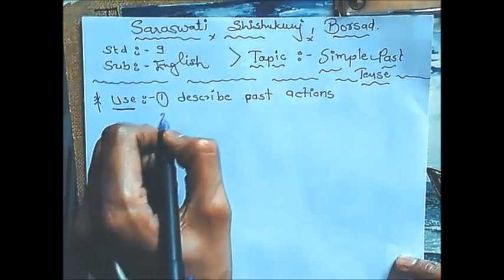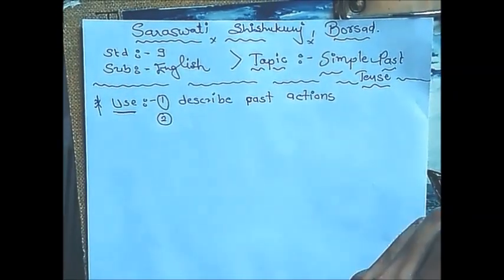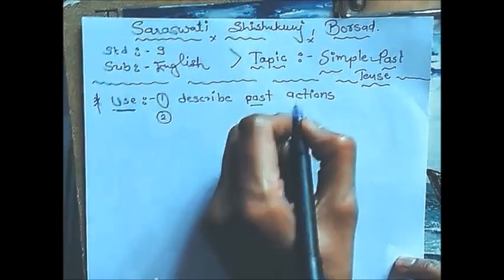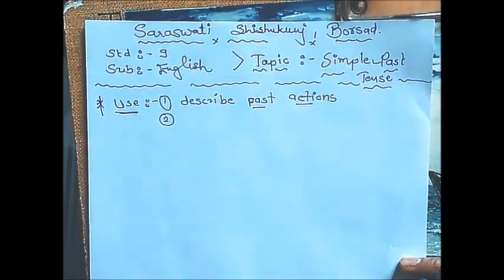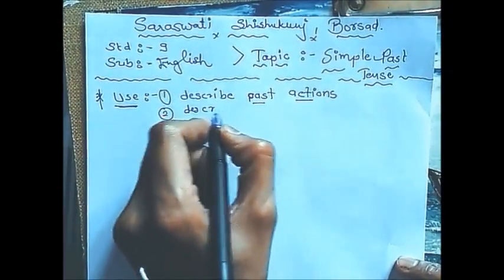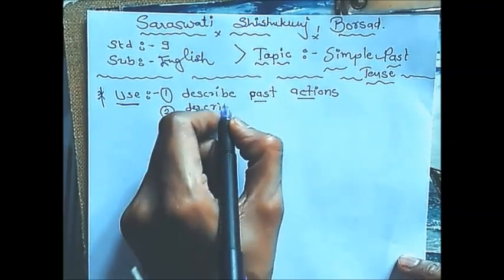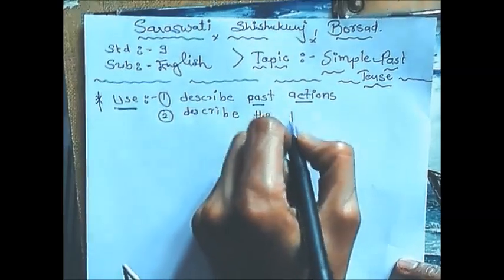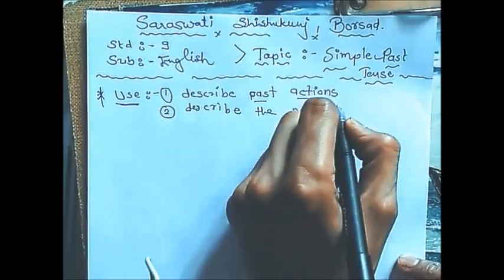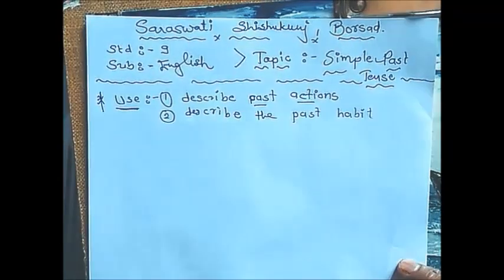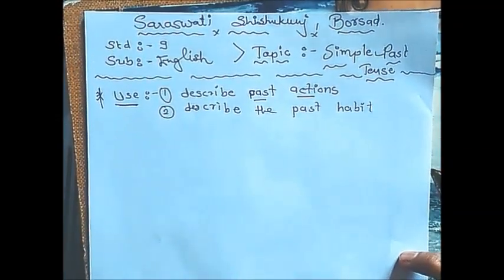Another use is also there. Let us see what is that use. Along with the past actions, if you want to describe the past habit, at that time also you can use this tense.